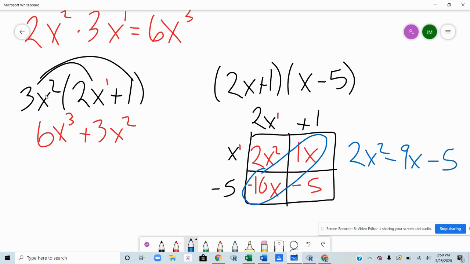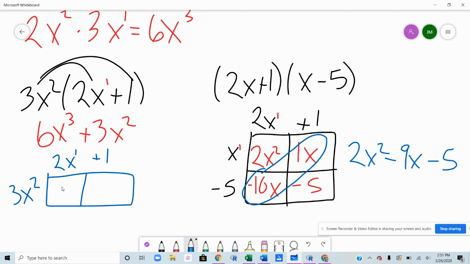You could have made a box over here also. This has 1 term and 2 terms, so you'd make a 1 by 2 box, could look something like this. You'd put your 3x squared here, your 2x to the first, your plus 1. You multiply these two to get this box.